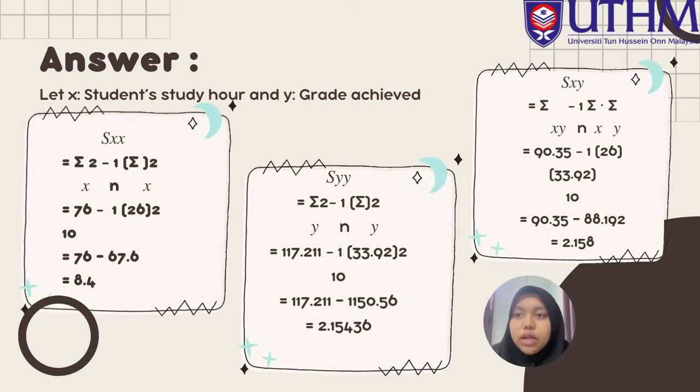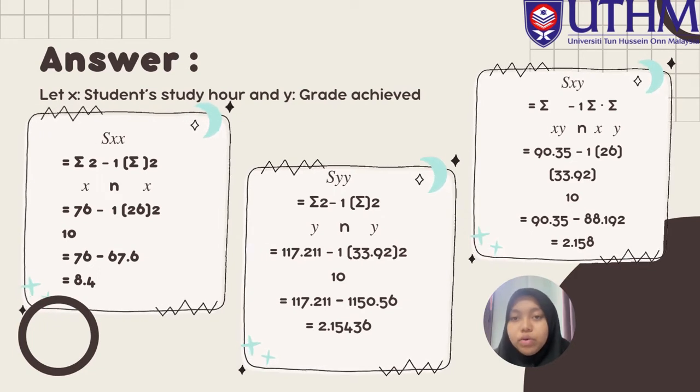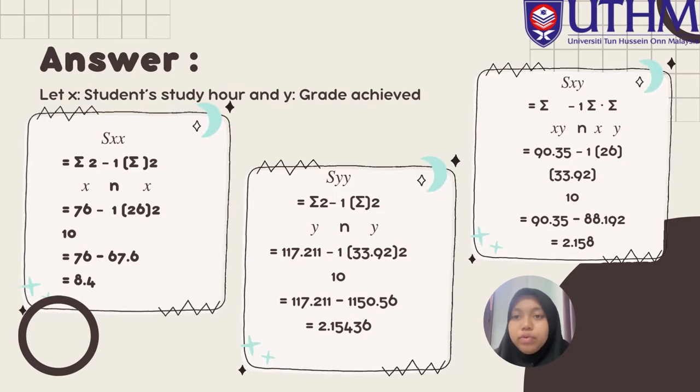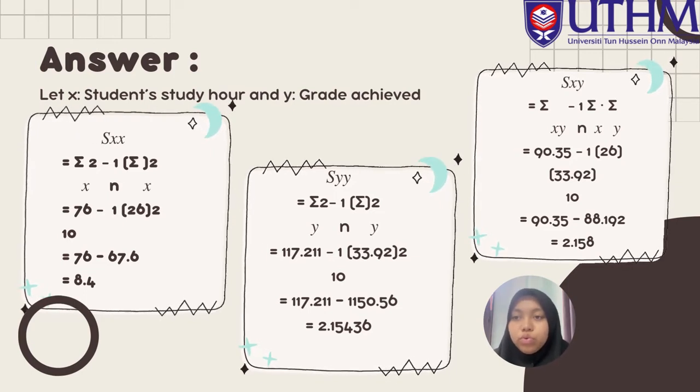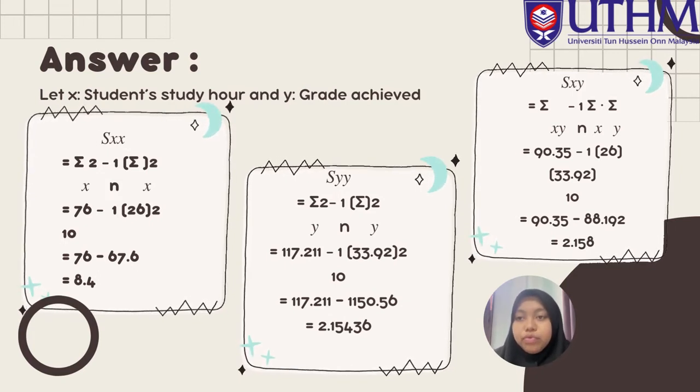And next we have to find B0 and B1. Why do we have to find B0 and B1? We have to find B0 and B1 because we want to use the values of x and y to find the regression, which is we have to plot the regression to find the line of regression.